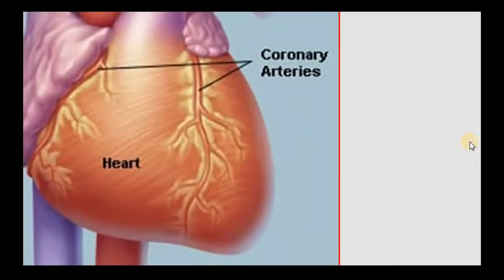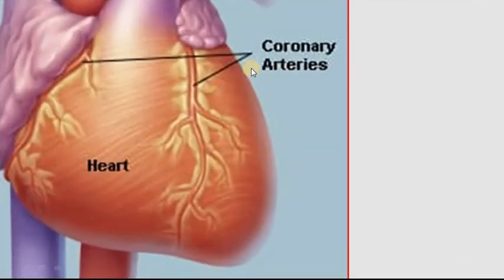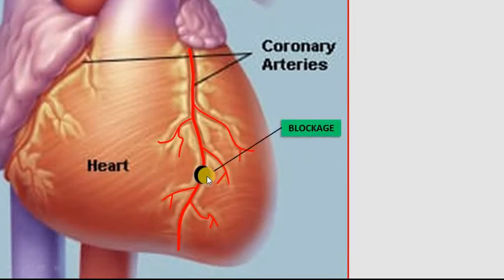How? Let's see. This is a zoomed view of a human heart, and let's see the smooth flow. The blood should be flowing smoothly in these arteries like this, but if a blockage forms here due to plaque in the arteries or a blood clot, there will be no supply of blood to this portion of your heart.